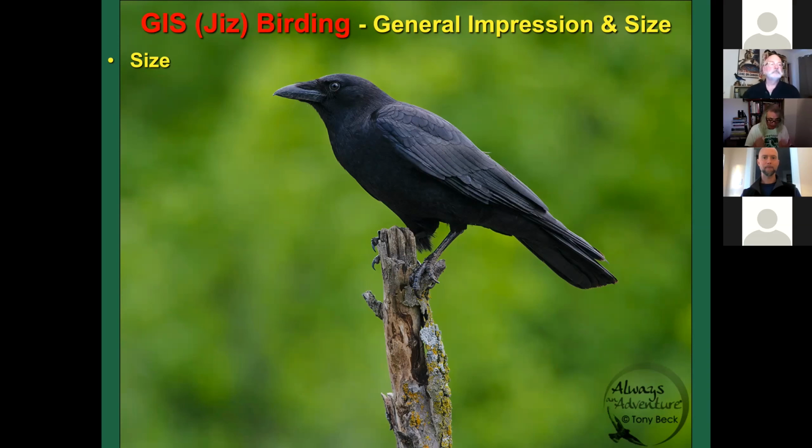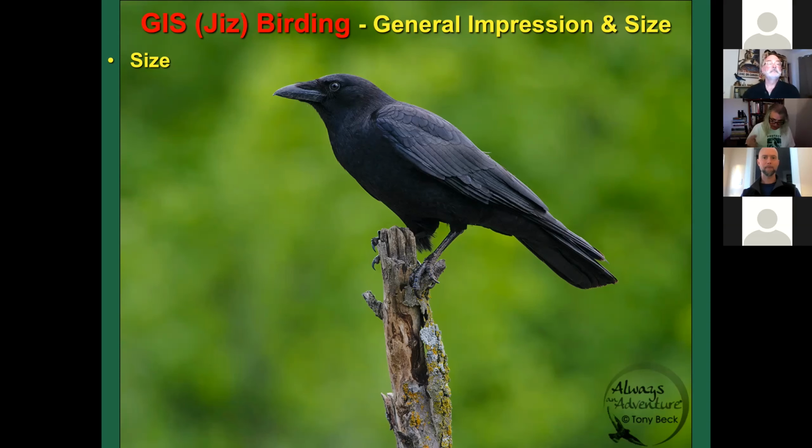So they called it identifying the enemy by the aircraft's jizz. You could say GIS, general impression and size, but it's pronounced jizz. So you can use whatever acronym you wish. But the idea is that you bring that attitude with you when you're observing nature and wildlife.